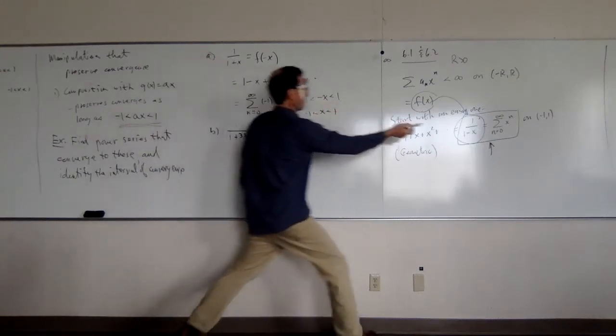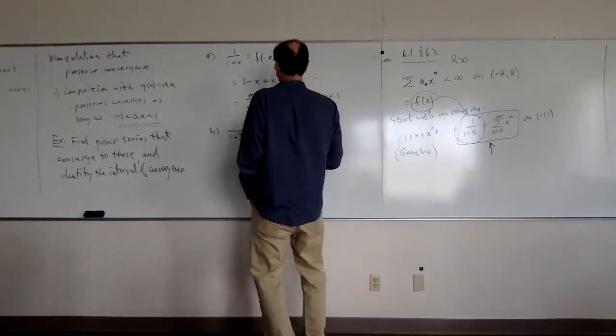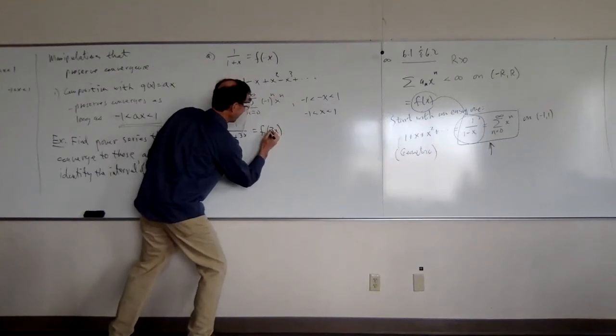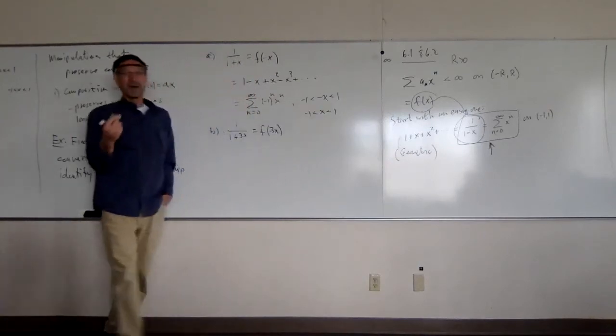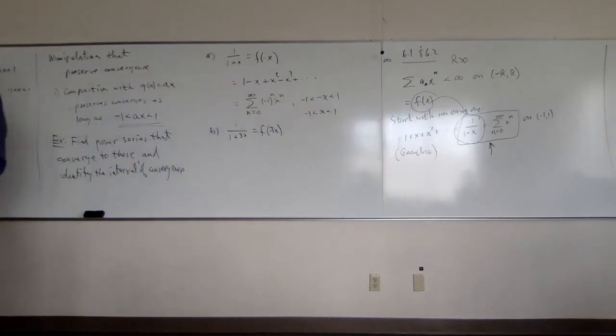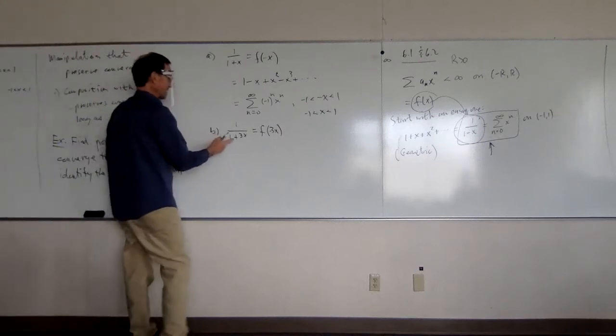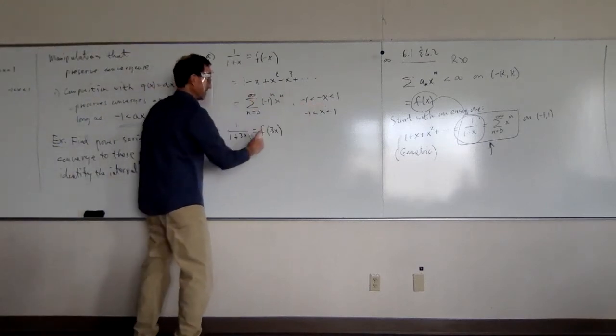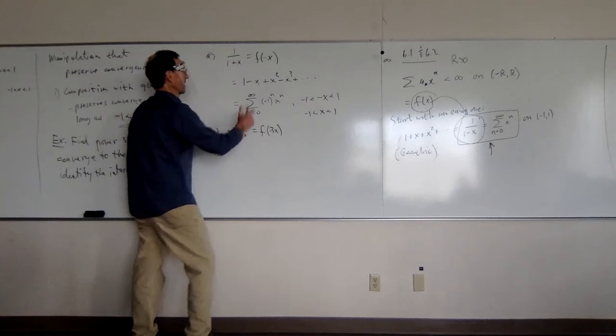Again, using our original starting point, f, 1 over 1 minus x, that function that comes from the basic geometric series, I see that I can write this function as that function f composed with -3x.